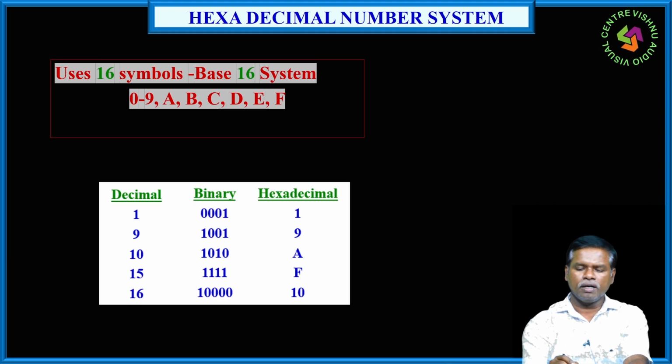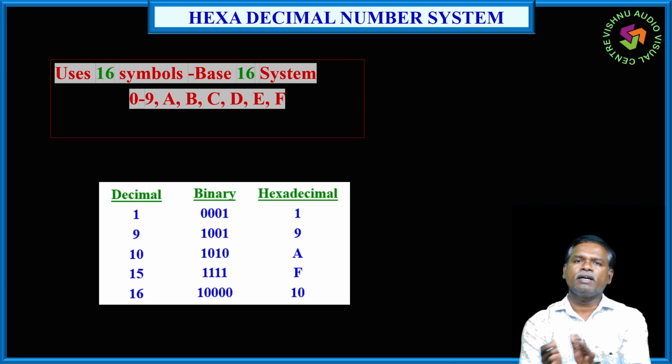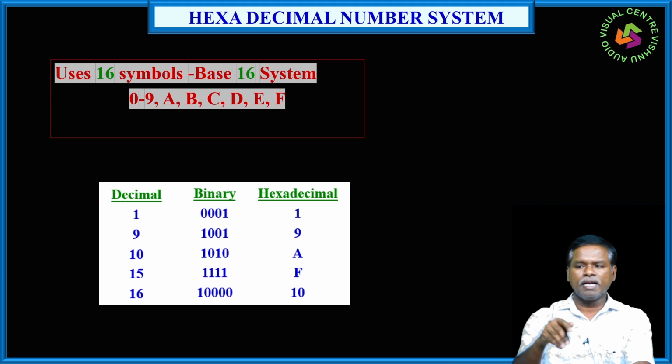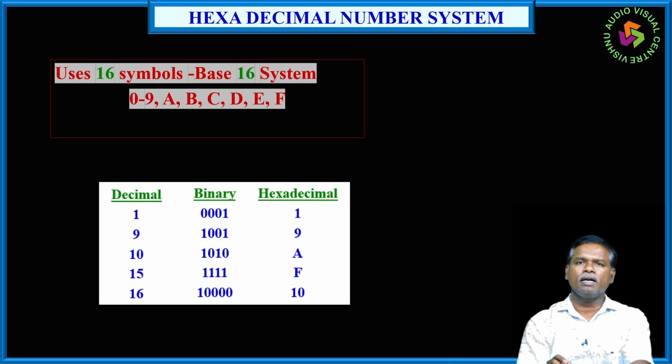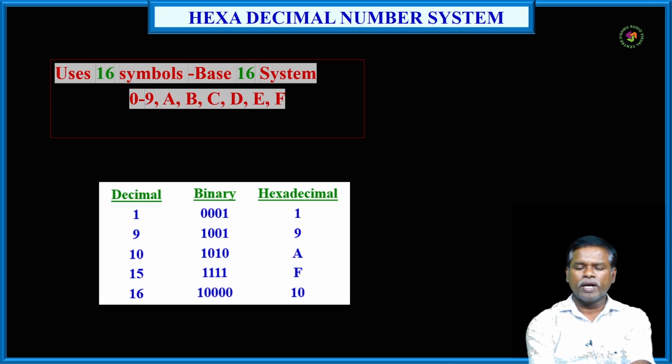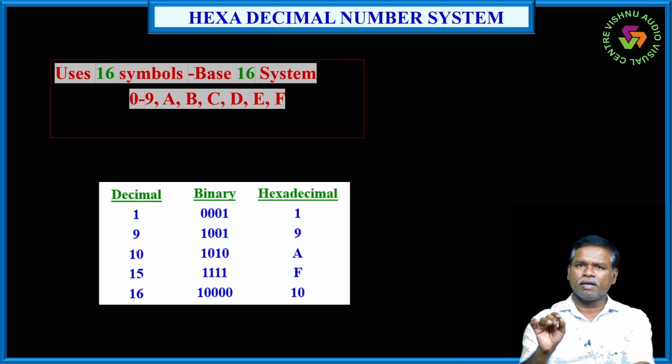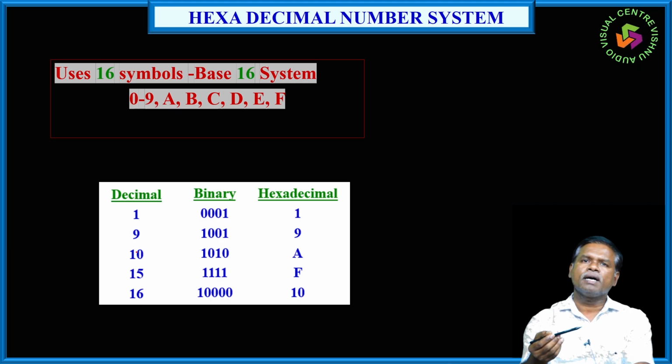Now let's look at the equivalent of some decimal numbers in hexadecimal as well as binary, here called straight binary. Decimal 1 is the same in hexadecimal and binary, and decimal 9 is also 9 in hexadecimal. But for decimal 10, there is no single-digit place in hexadecimal, whereas in decimal 10 comes after 9.